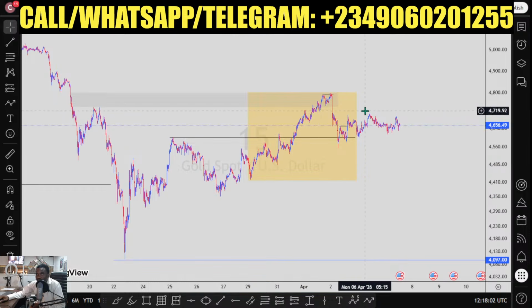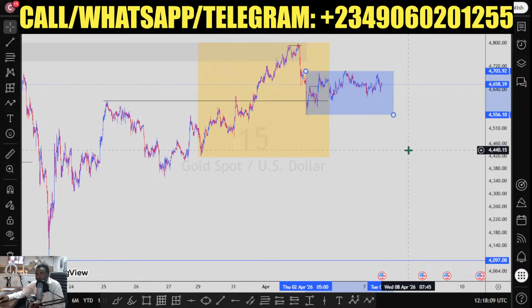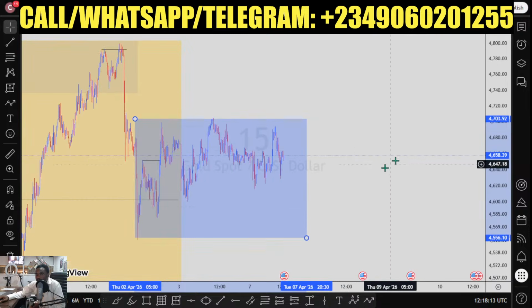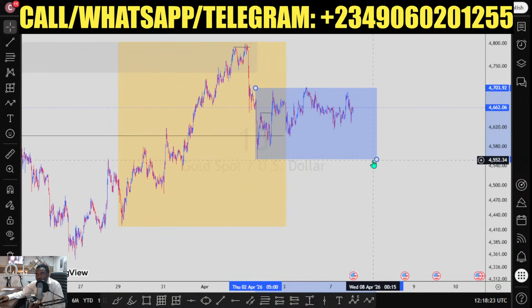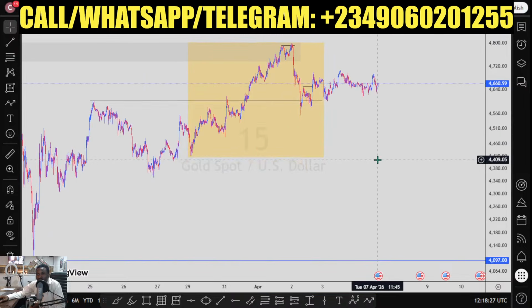At this level we had a swing up. Now at this zone we can't see anything realistic on the 15-minute chart. So the best option is to allow price to flow any way it likes. We need to allow price to push all the way down. I think we have a significant low here.